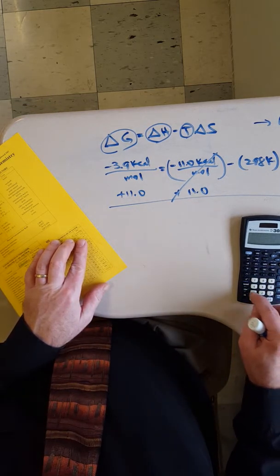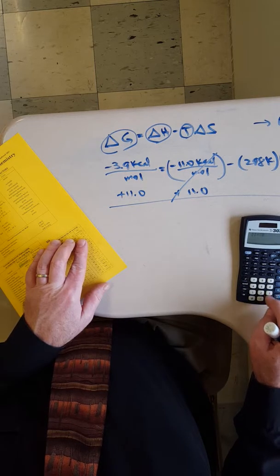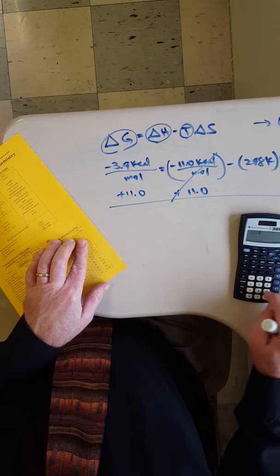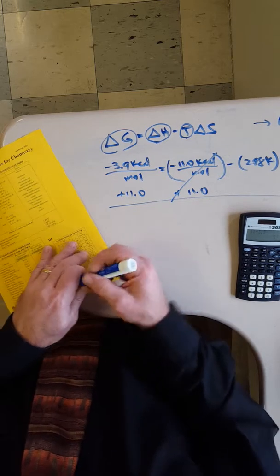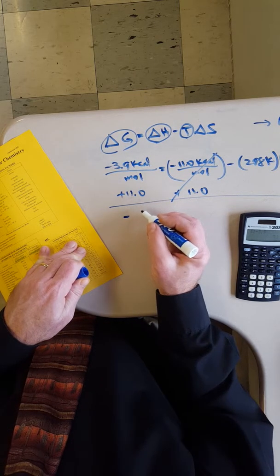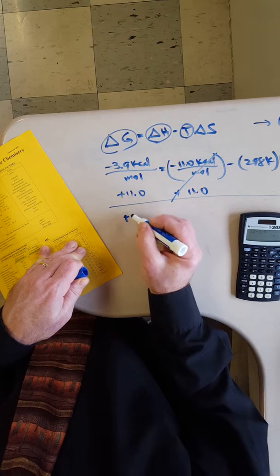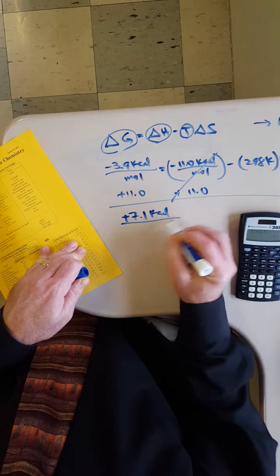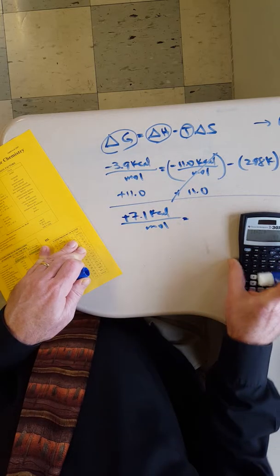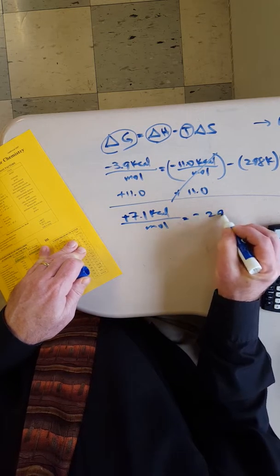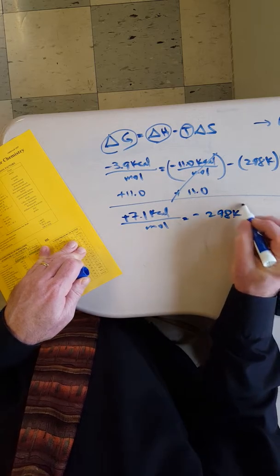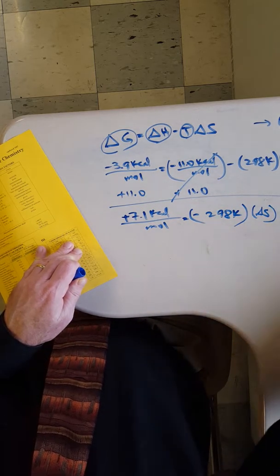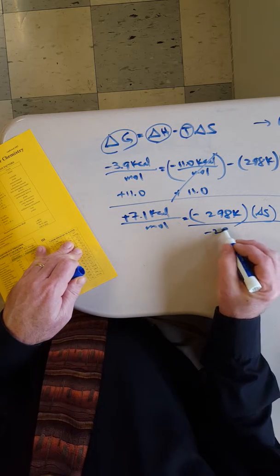So we've got positive 7.1 kcals per mole equals negative 298 Kelvin times delta S. Now I'm going to divide out by negative 298 Kelvin.